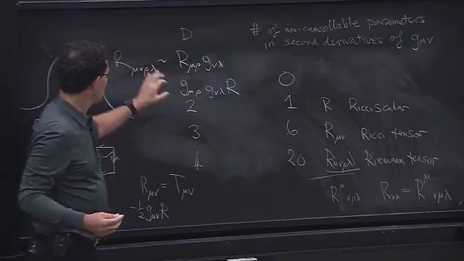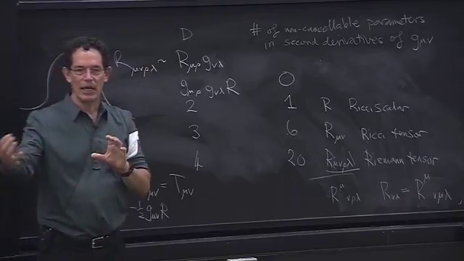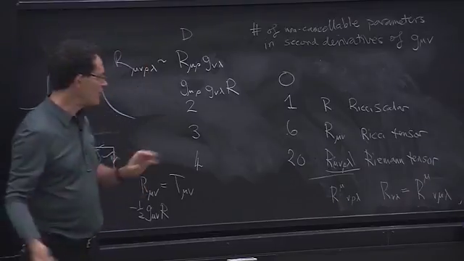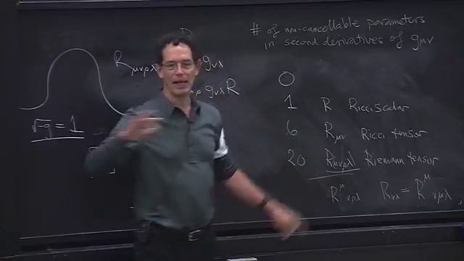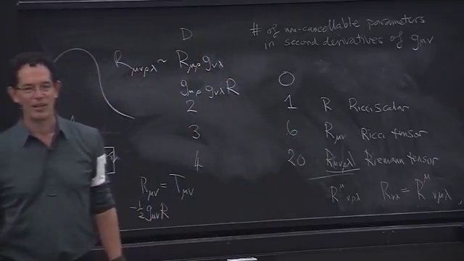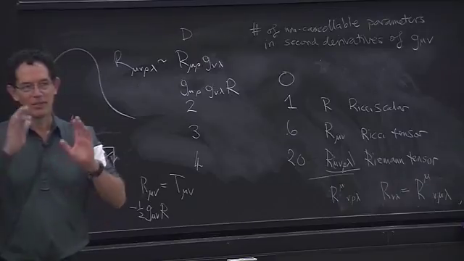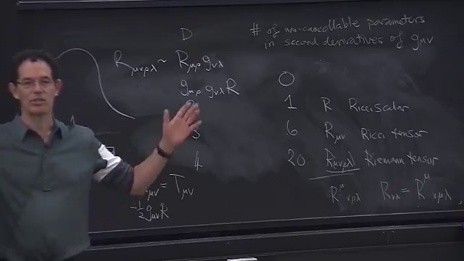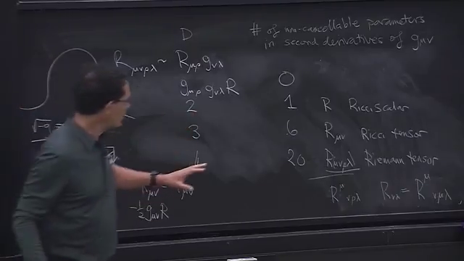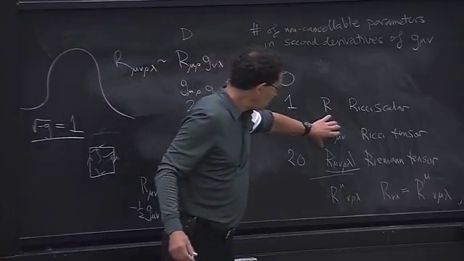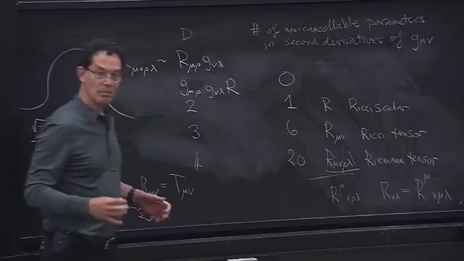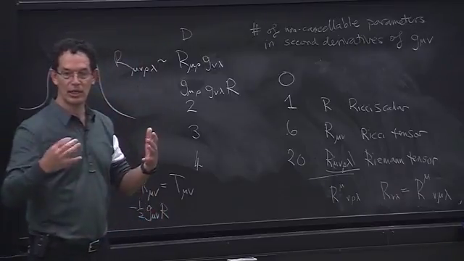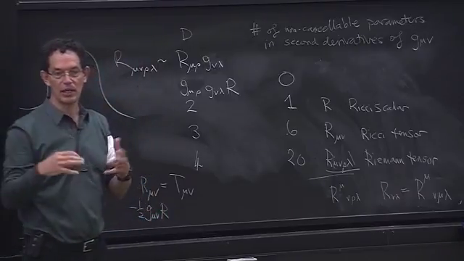And the statement is the following, that if I take the Riemann tensor and I extract everything which can be written in terms of these things, what I'm left with is another tensor called the Weyl tensor. And the Weyl tensor measures gravitational radiation. So in a sense, gravity, the curvature of space-time, couples to matter. But there's another freedom in general relativity, which is I can have waves, just like in Maxwell's theory.